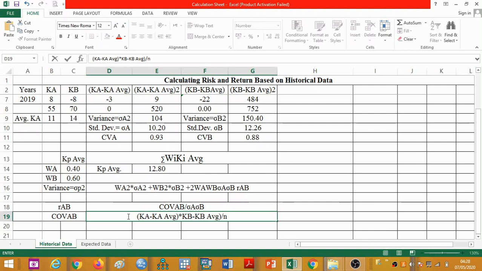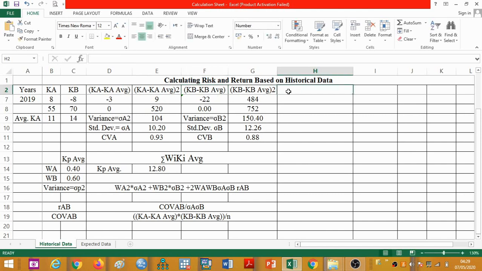So now if we look to this formula, let me just put the brackets so that it should be easy to understand. So now looking to this formula, what we know is, we know KA minus KA average. Yes, it is calculated. There is KA minus KA average, it is already here, and multiply by KB minus KB average, and that is calculated here, KB minus KB average. So what we can do is, now we can calculate a product of it.